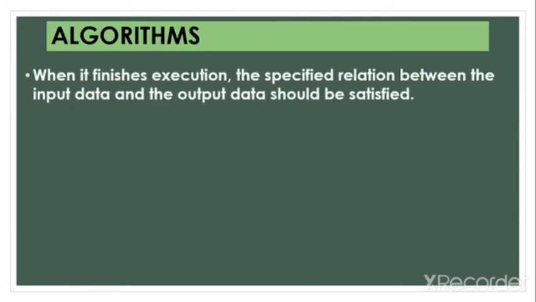When it finishes executions, the specified relation between the input data and output data should be satisfied. So, based on our output only, we are just collecting the input and processing the input here. Okay. So, when you process the input, why you are processing input? To get a desired output. So, there is a relation between the input and output here.